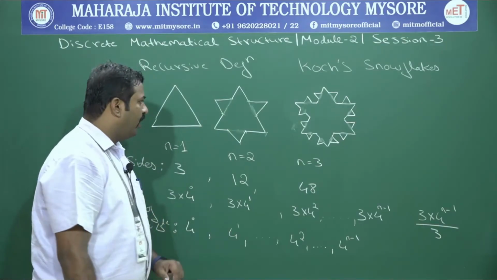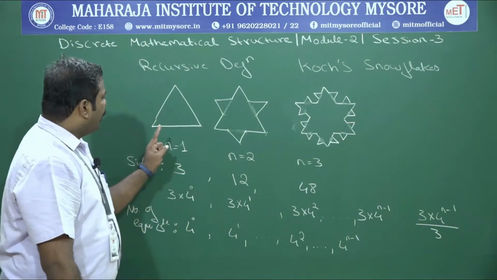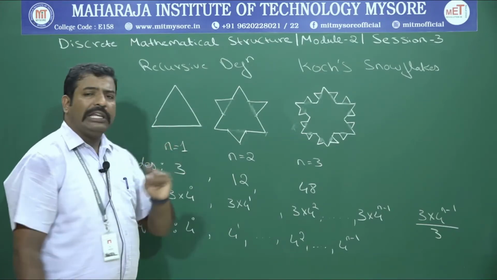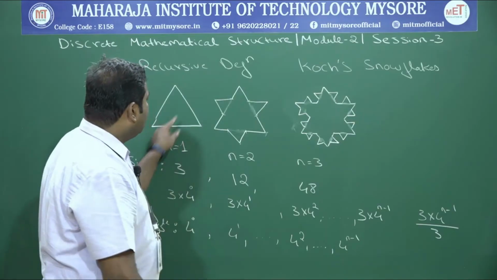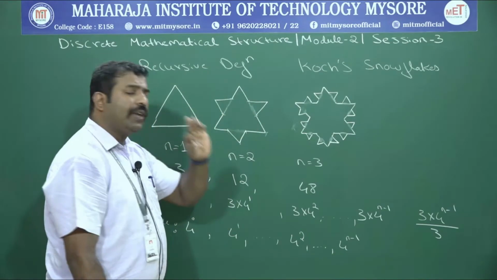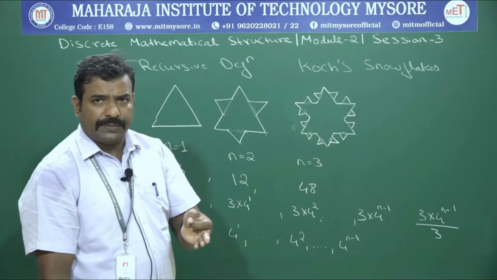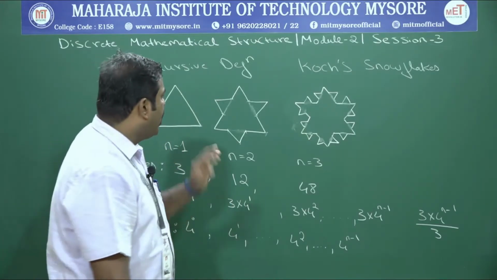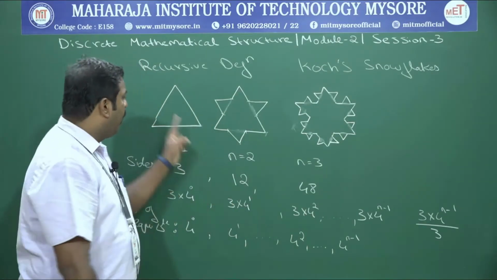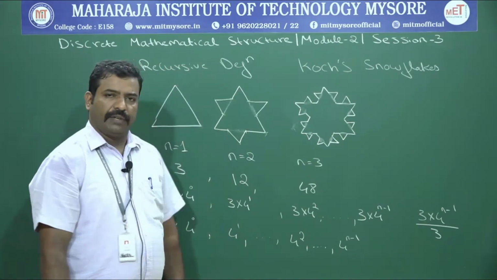Now just observe here. In the first iteration, we have already one equilateral triangle. In the second iteration, if you carefully observe, I am creating 3 new equilateral triangles, and the one equilateral triangle already existing, which is carried from iteration 1.